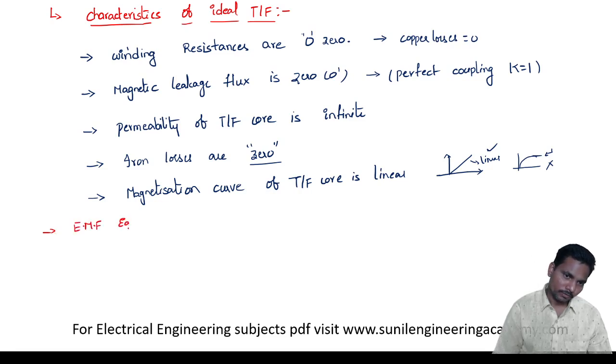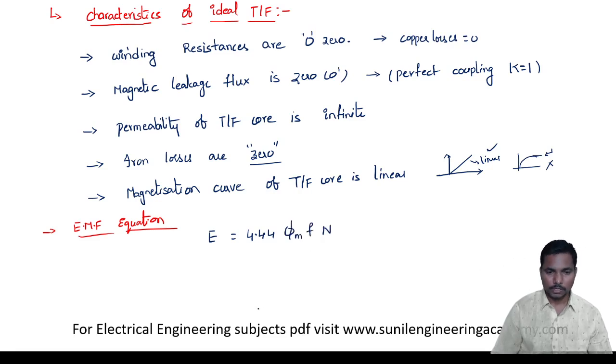You know very well about the EMF equation of a transformer. EMF is equal to 4.44 phi m f N. If you go with the primary turns, that will be the primary EMF. If you go with the secondary turns, that will be the secondary EMF.